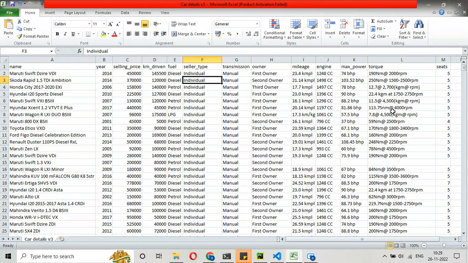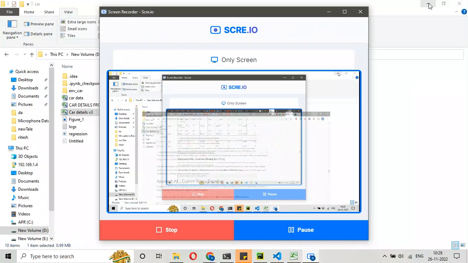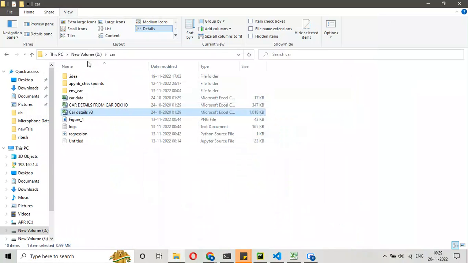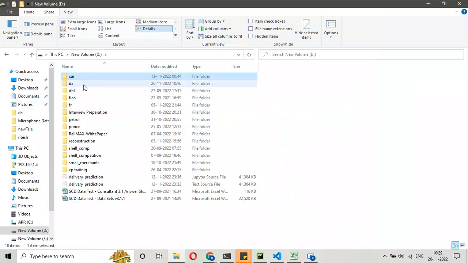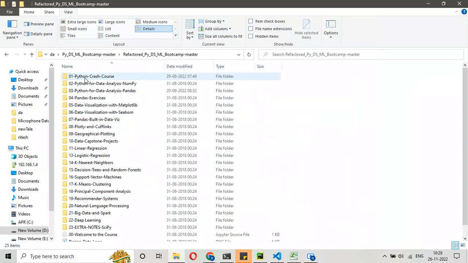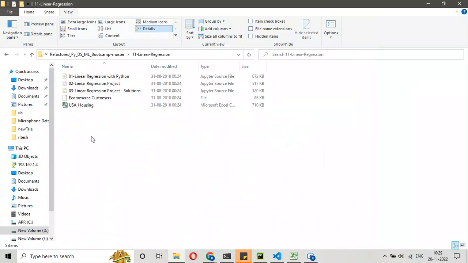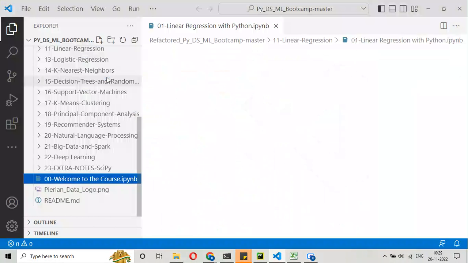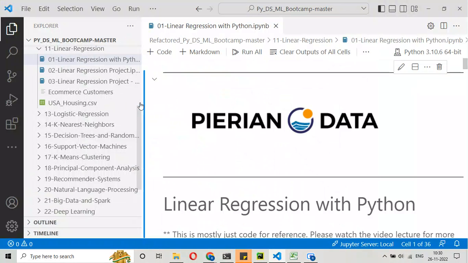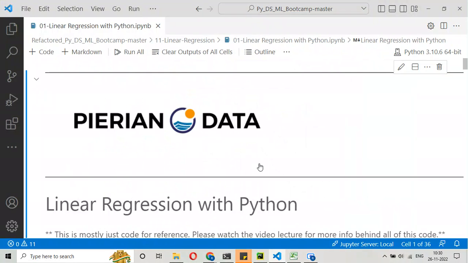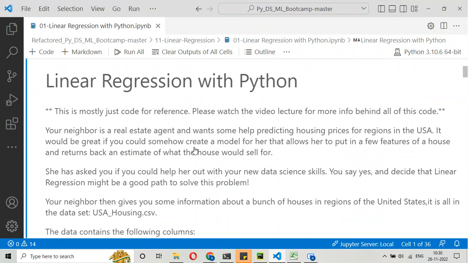So let's go through one small use case of how we do regression analysis, then we will go to theory. Okay. I think I already have one. Yeah, the course is regression, and we will talk on this only. So the first question is, what is regression?